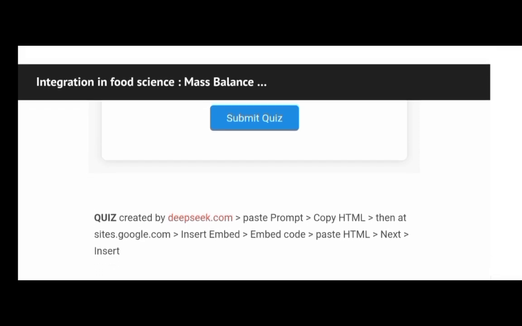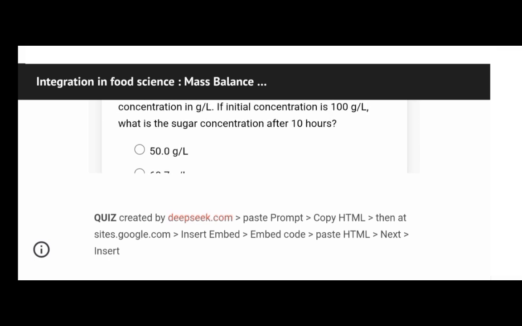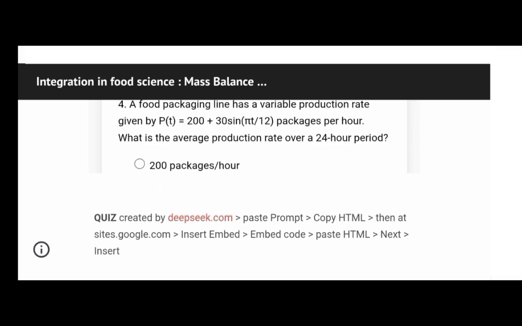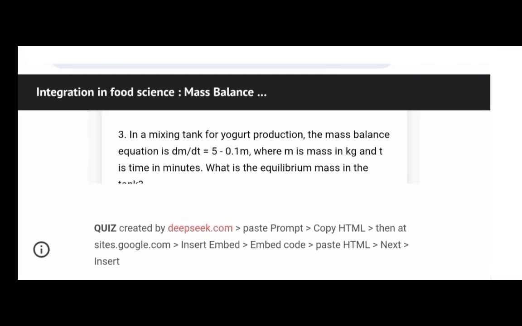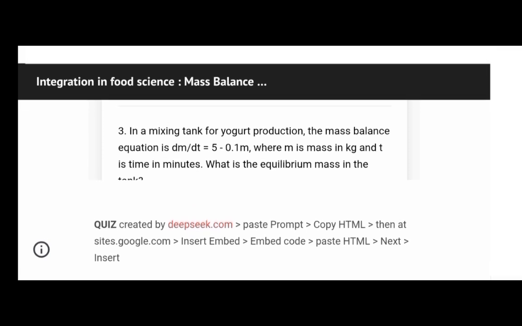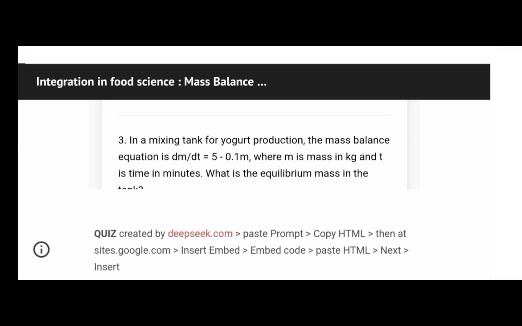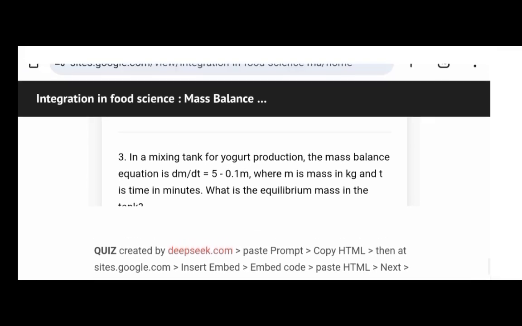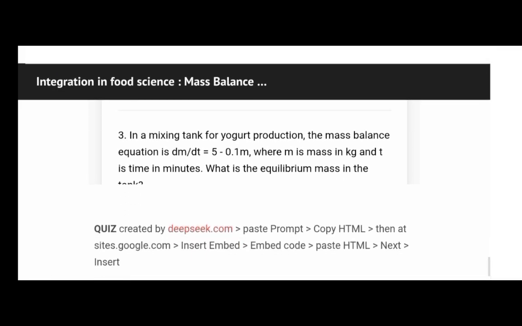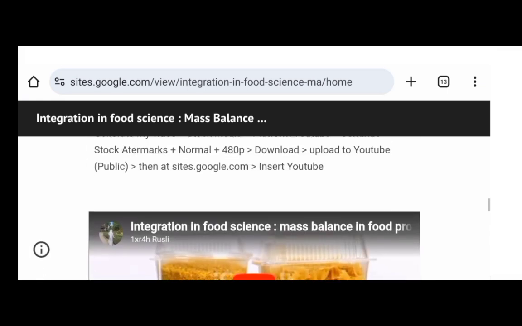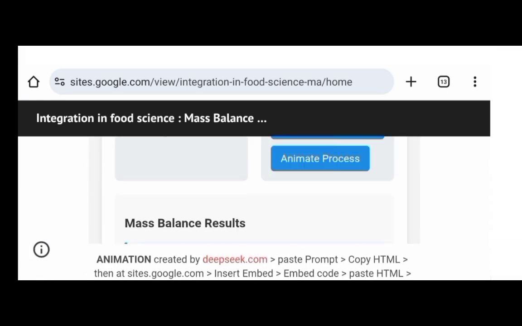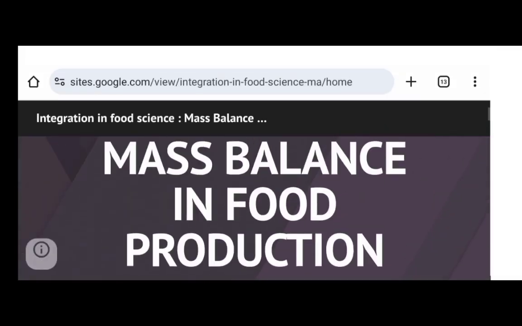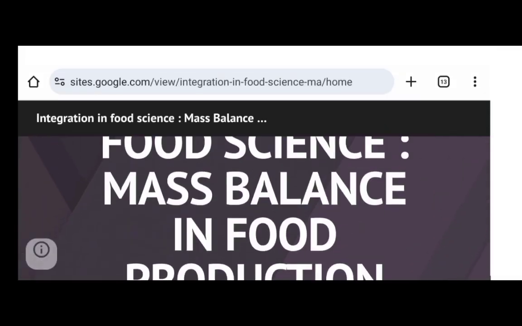Our aim is to help all students, not only for UMT, but for any university, so they will understand that maths, especially the topic of integration, is not just a theory, it is a practical tool used to solve real world problems. Okay, that's all from me.